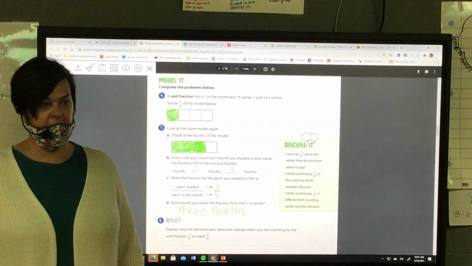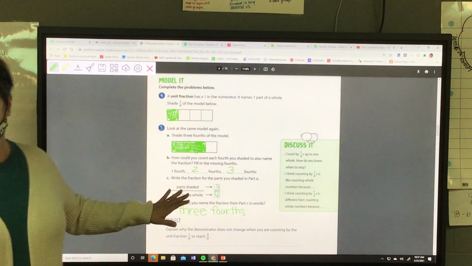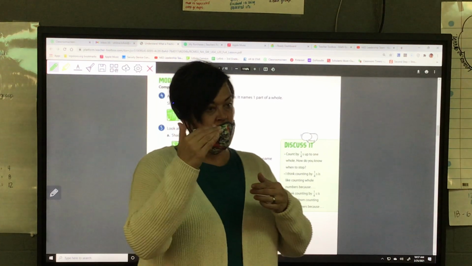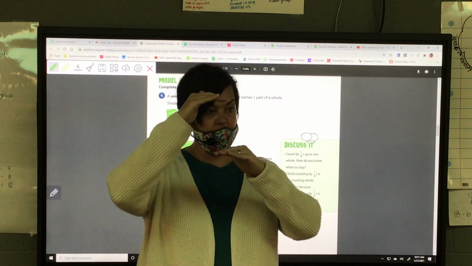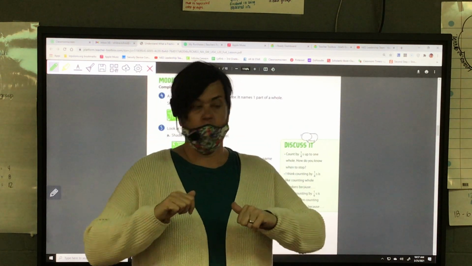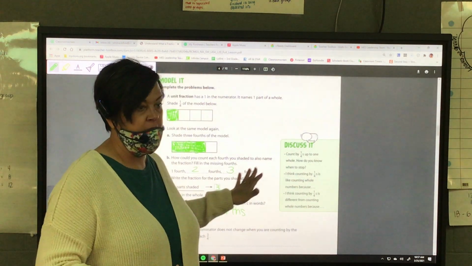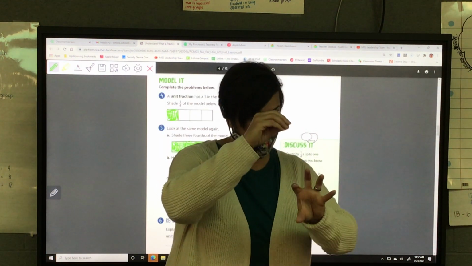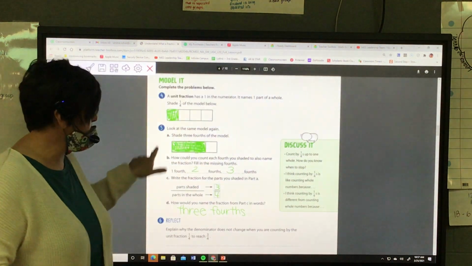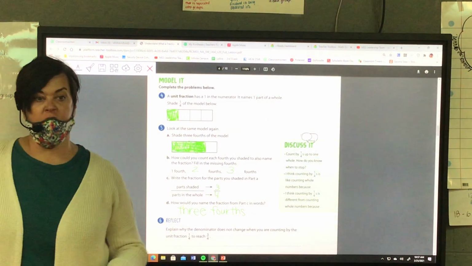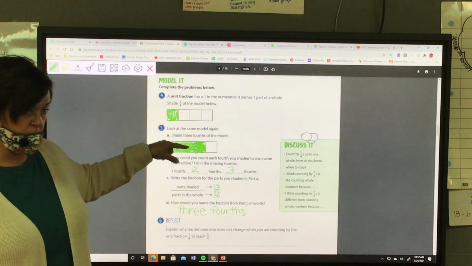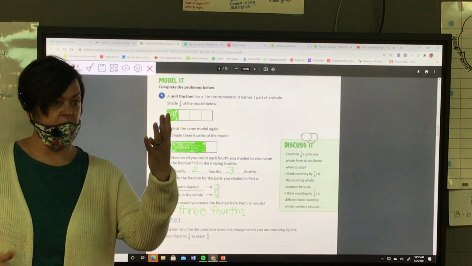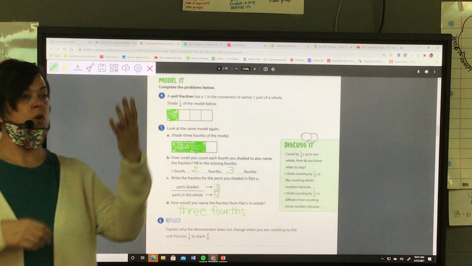Yes. Because no matter if you shade just one of the 4, it's still 1/4. Or if you shade 3 of those 4, it's still 3/4. Because in that model, how many equal parts are there? 4. It's split into fourths.